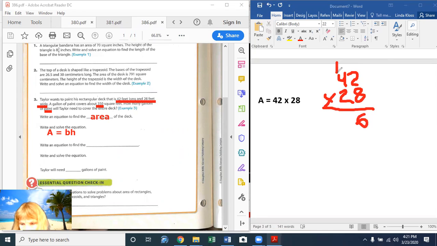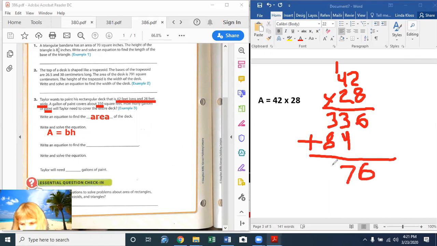Carry the 1. 4 times 8 is 32, plus 1 is 33. 2 times 2 is 4. 2 times 4 is 8. We add that all together, and we get 6 plus nothing is 6. 4 plus 3 is 7. 8 plus 3 is 11. So 1176 is the area, and that's written in feet squared.